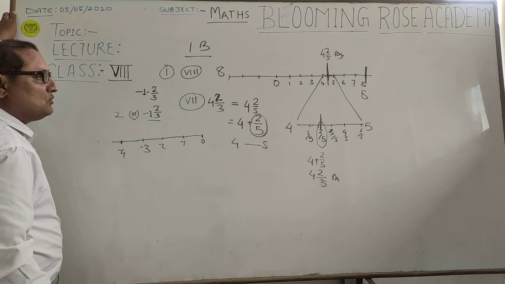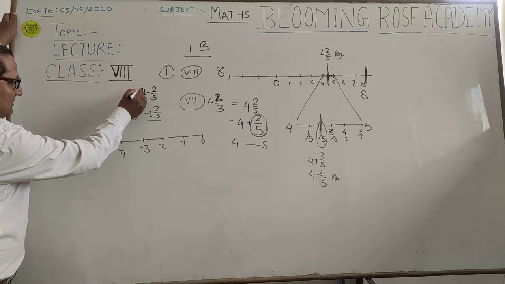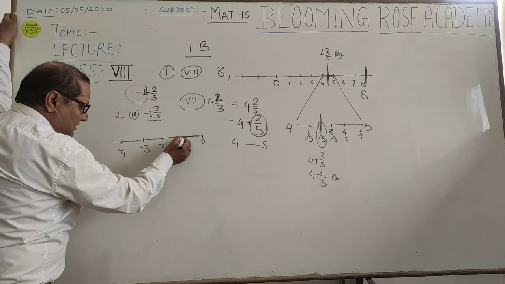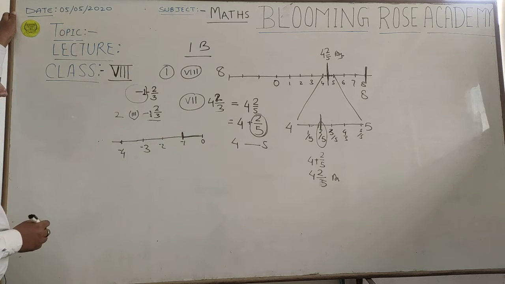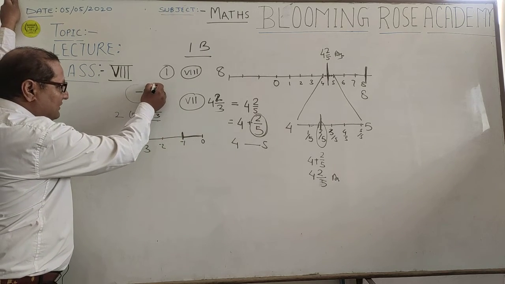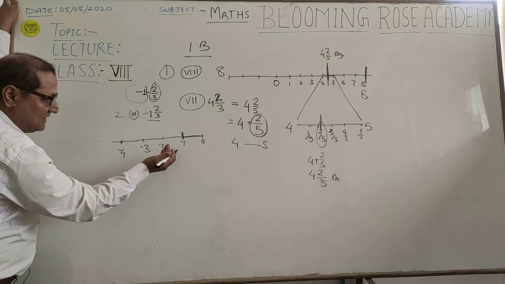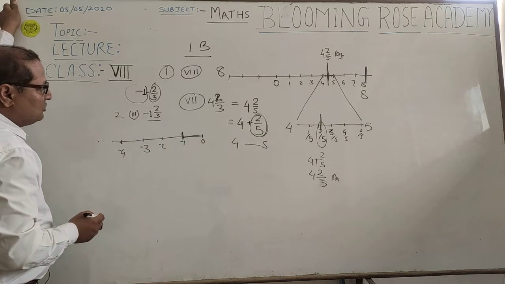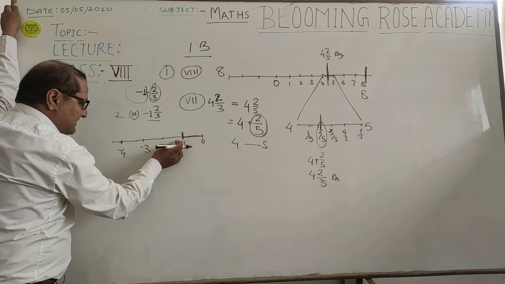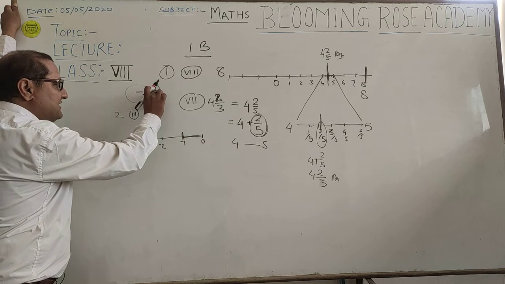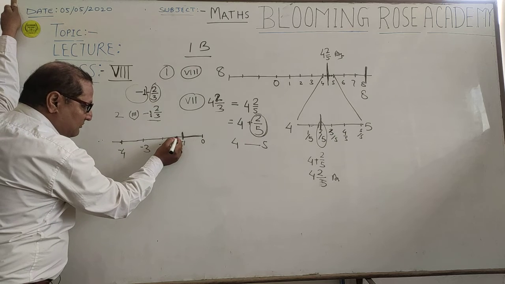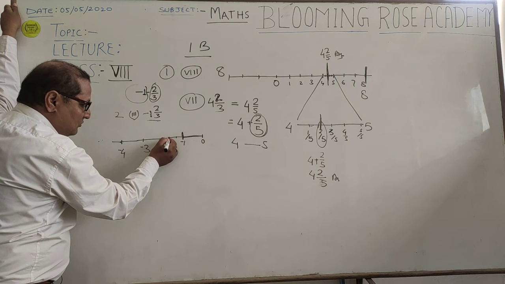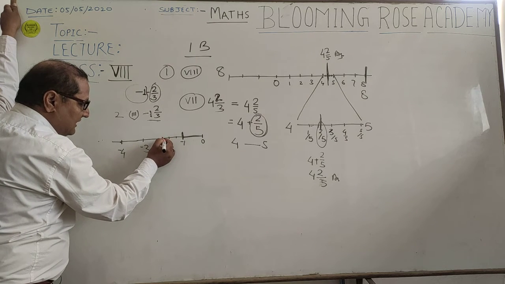What we have to do in this question: this -1 we take separately, from 0 to -1, and after this we take 2/3 again in the minus form. Minus form means you have to go to the left of this -1. So how can we represent -2/3 on this number line? Again we take the denominator 3 and divide this portion into 3 equal parts: 1, 2 and 3.